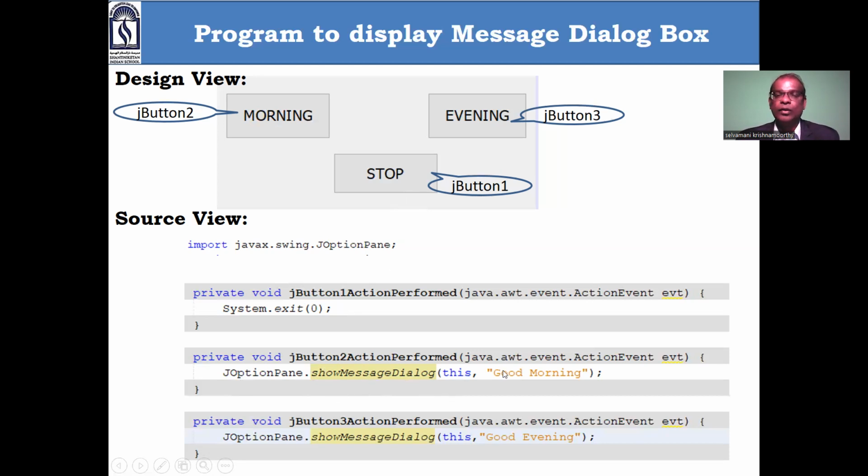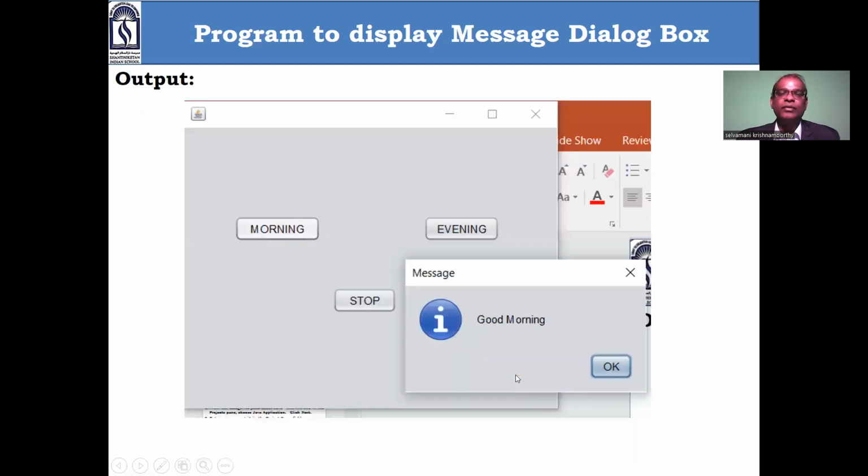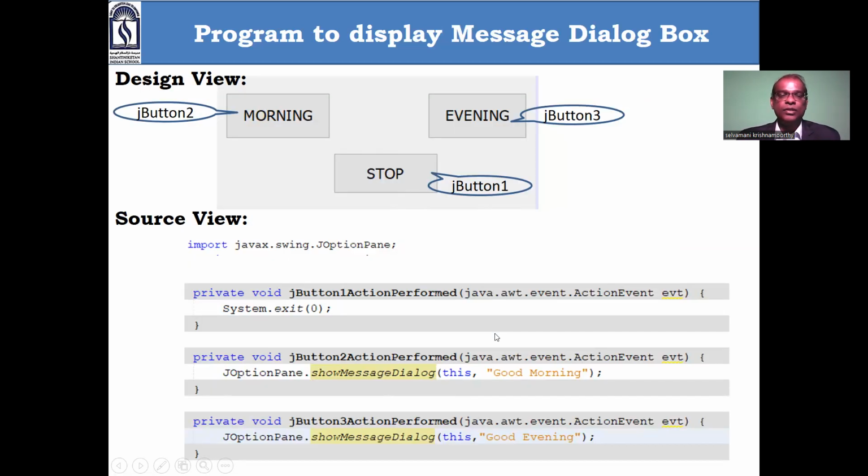It has two arguments. One is this. This refers to the current working form. Good morning. This is the text to be displayed to the user. See, like this. Okay. So this showMessageDialog displays one dialog box with the text good morning.